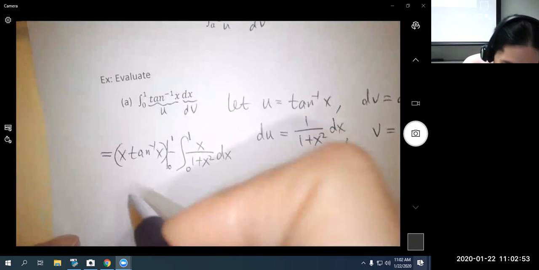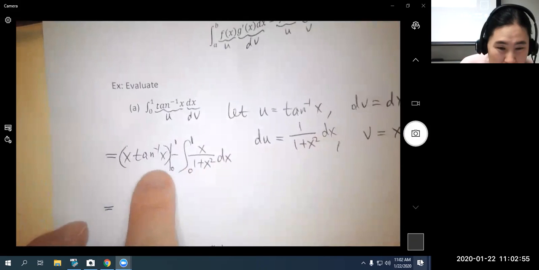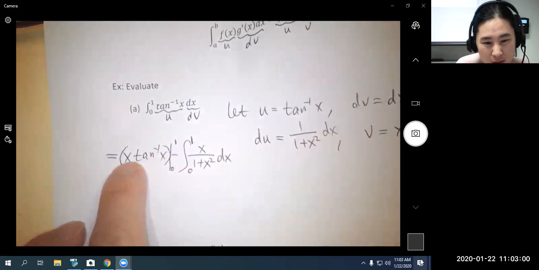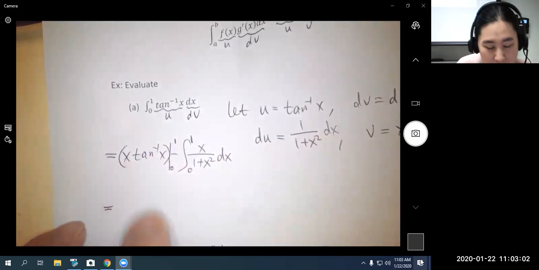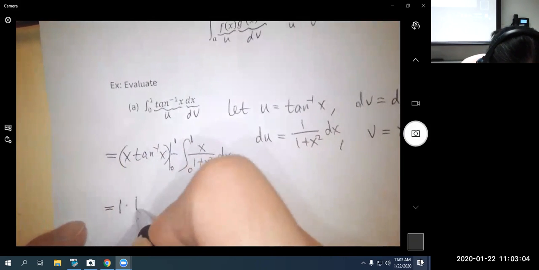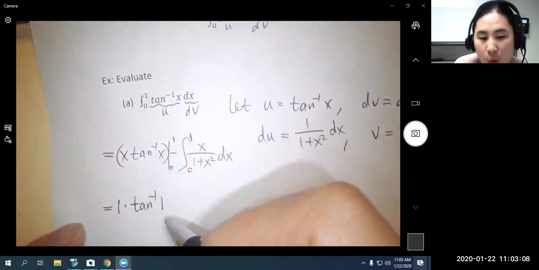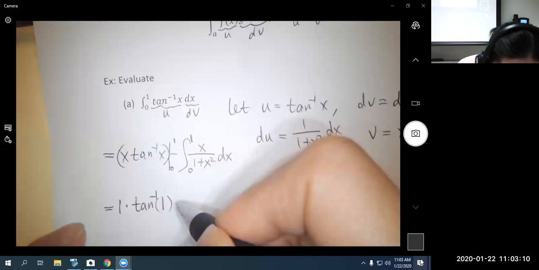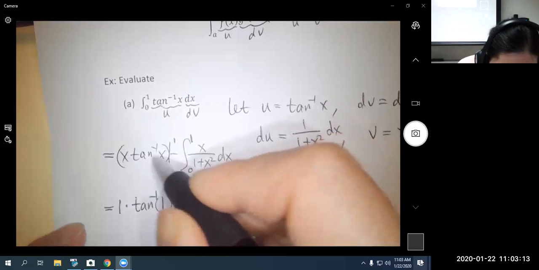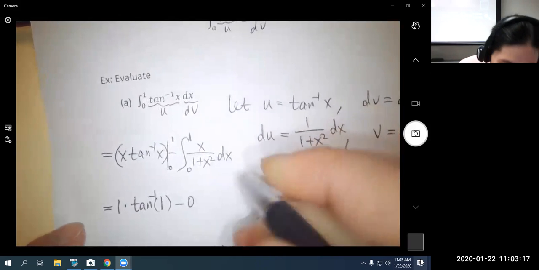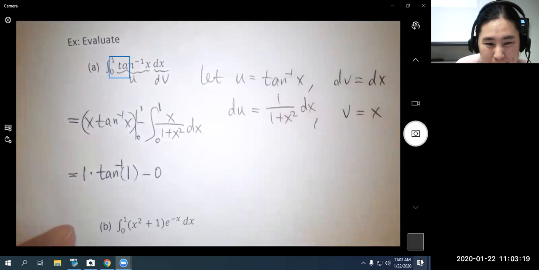Okay, so by the evaluation theorem, when x equals 1, we have 1 times inverse tangent of 1, and then minus, when x equals 0, 0 times anything is 0, minus 0.